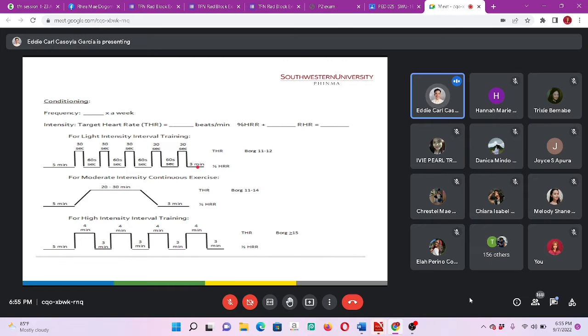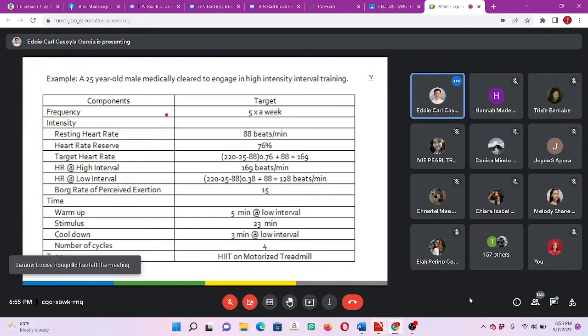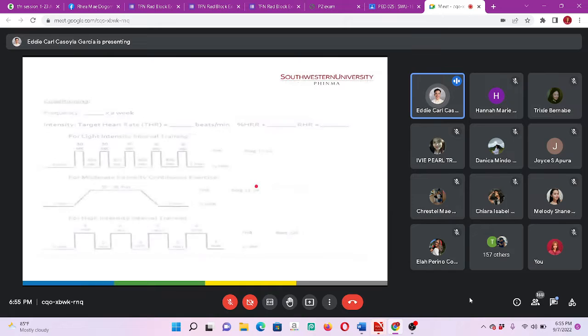This is your heart rate at low interval. Okay. And then on this part, 30 seconds, the number of cycles, this will be your heart rate at high interval.